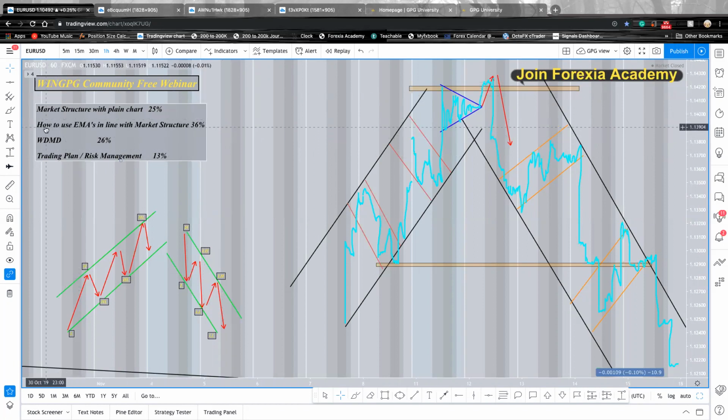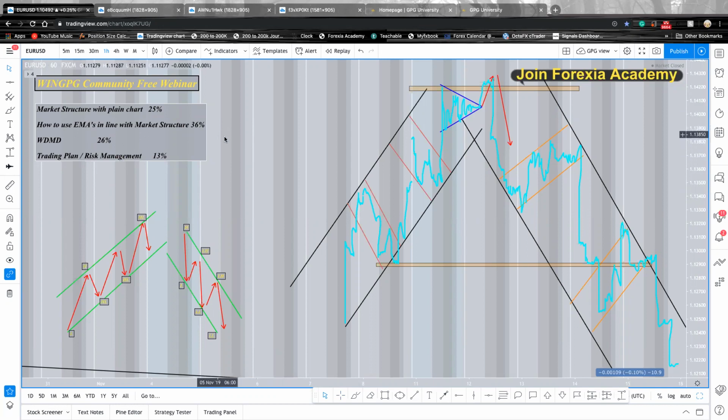So it's basically you using EMAs to either enter or identify the market direction, using an indicator that basically turns into dynamic support and resistance when the market is in trend, or in momentum.